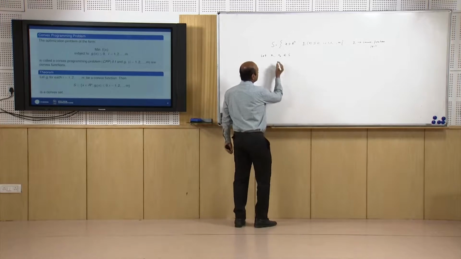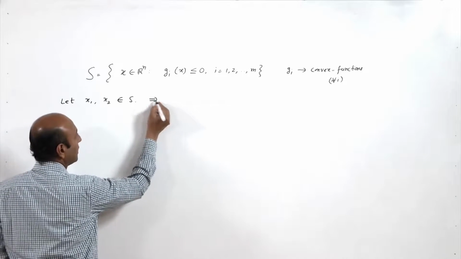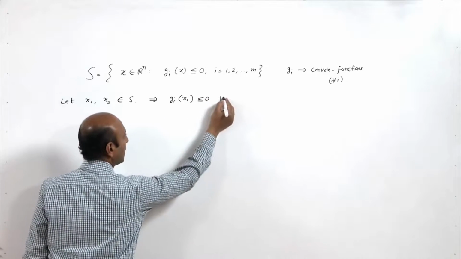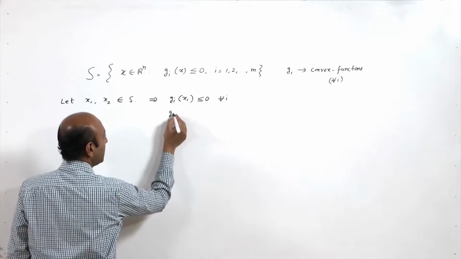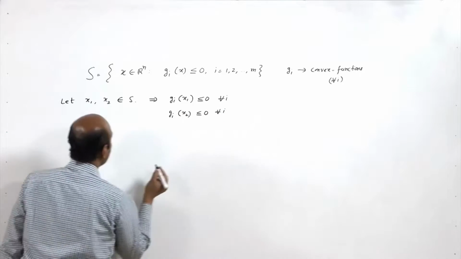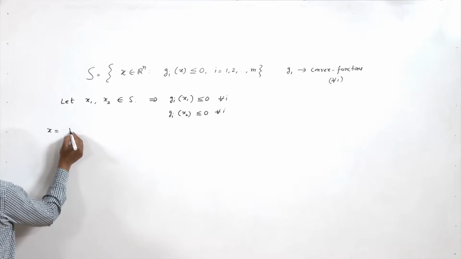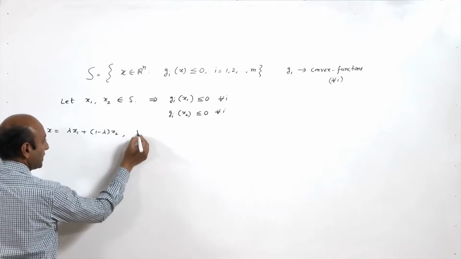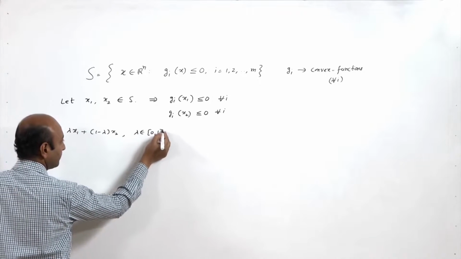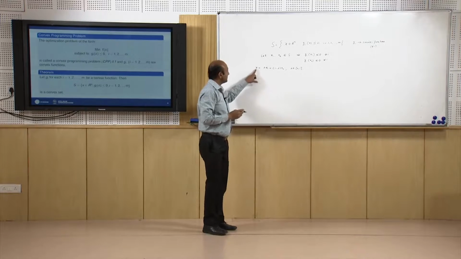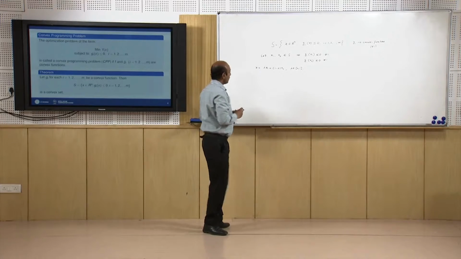So, these two being in S means g_i(x1) is less than or equal to 0 for all i, and g_i(x2) is also less than or equal to 0 for all i. Now, take the convex linear combination of these two points, x = lambda x1 + (1 - lambda) x2, with lambda between 0 and 1. To show that this set S is a convex set, we have to prove that this x is in S. How can we show this?